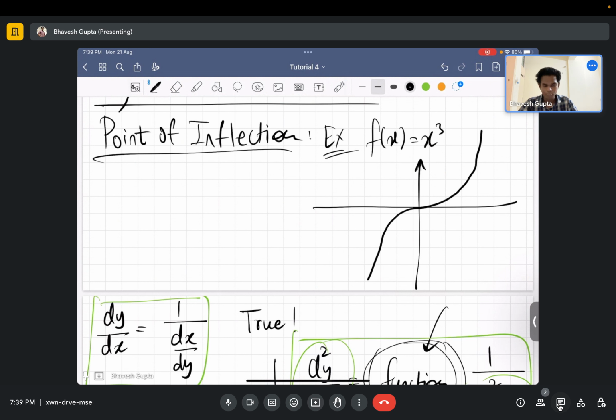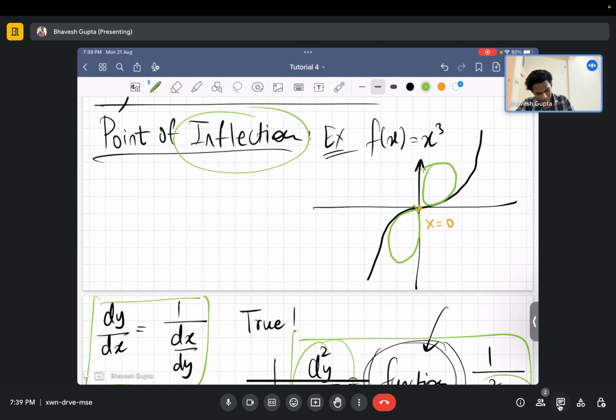So this is your cubic function, basic, the simplest cubic function. And you see that this point, x equal to 0, is my point of inflection. The reason I'm saying it's a point of inflection is that at the point of inflection we have a change of concavity, but that's neither a point of maxima nor a point of minima.